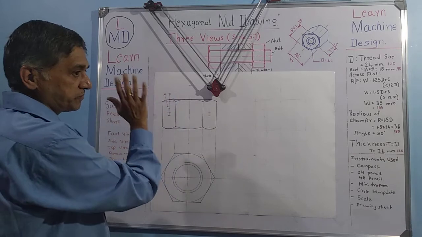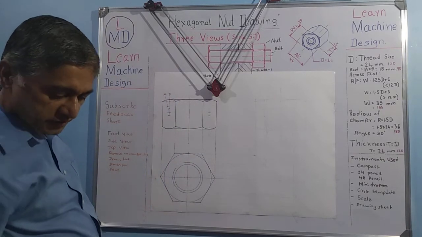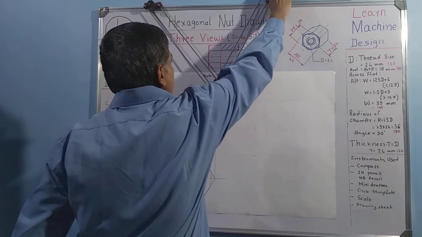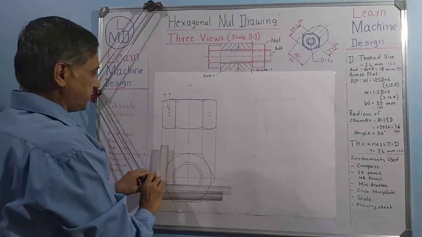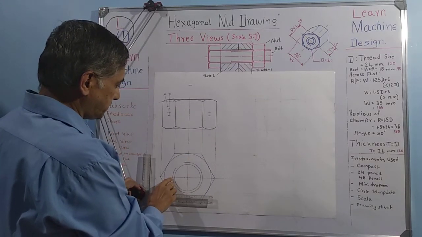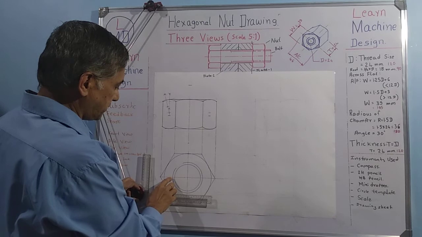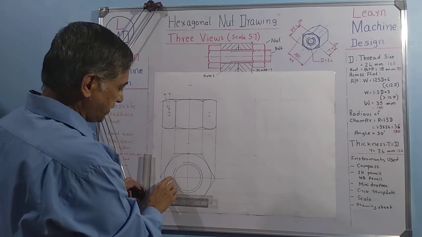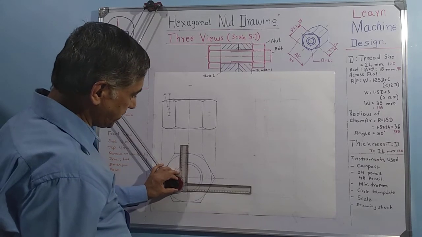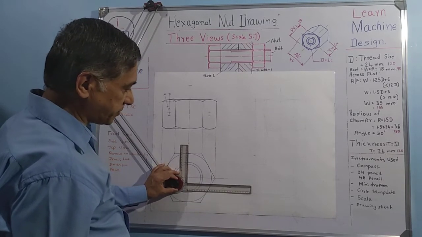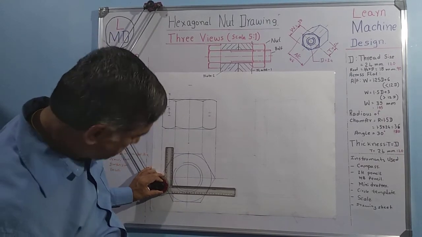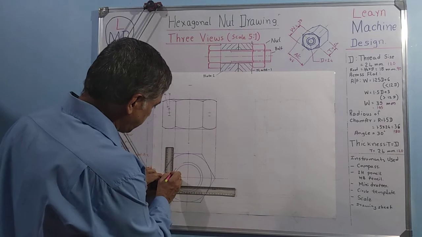For that we have used some dividing technique and used this compass. Okay, it looks like this now. In this view, we have to draw the lines up: this line and this line and this line. For that, check again the accuracy of this drafter. Take the drafter here and take this as a point.